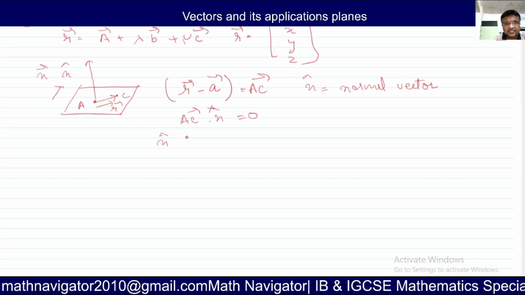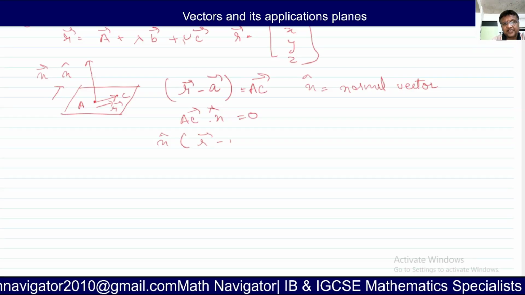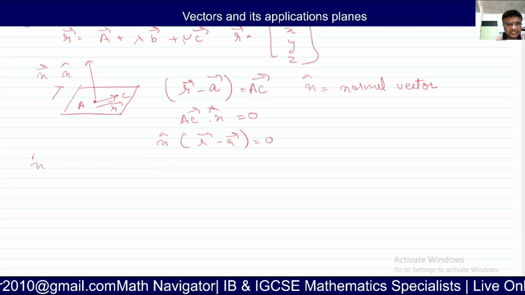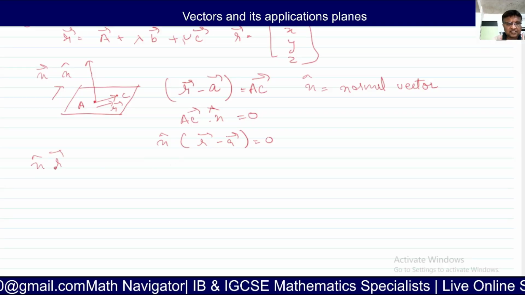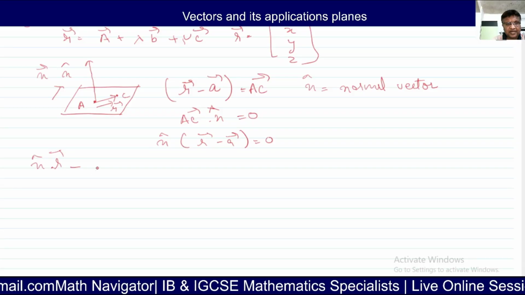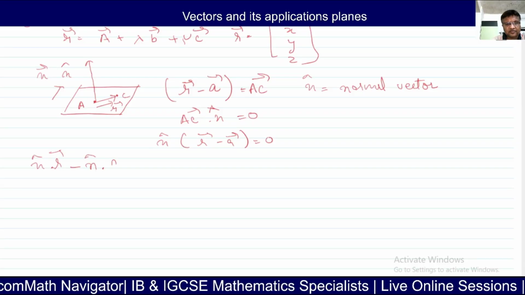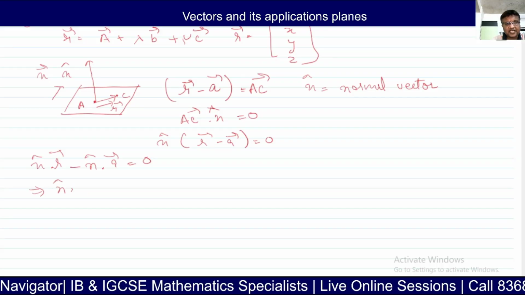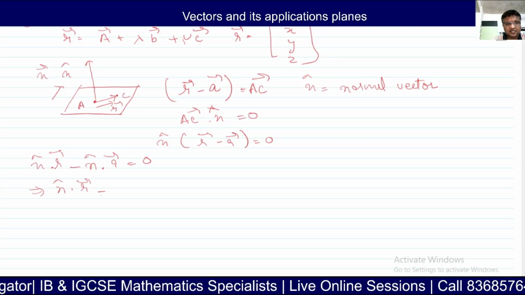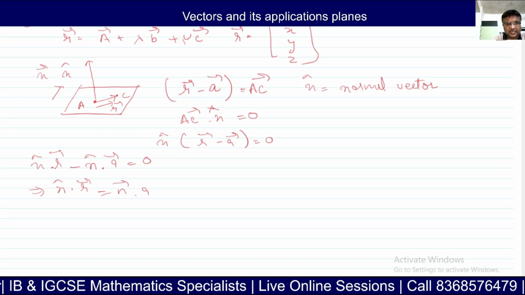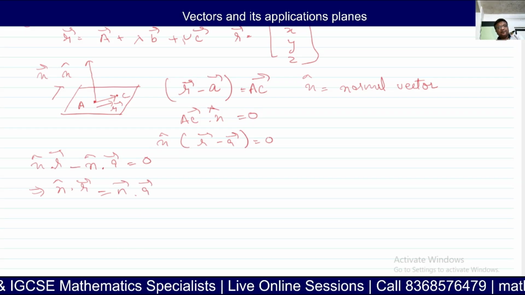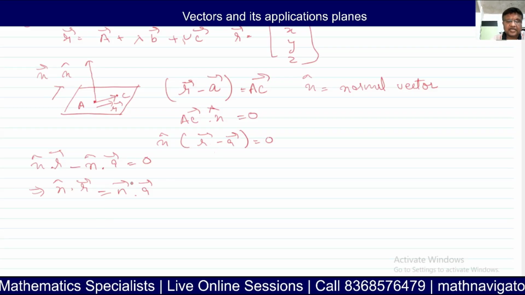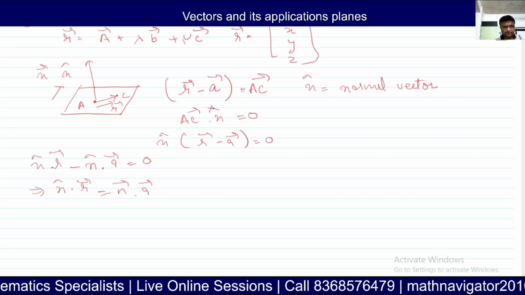So vector n dot (vector r minus vector a) is equal to 0. So vector n dot vector r minus vector n dot vector a is equal to 0. It implies vector n dot vector r is equal to vector n dot vector a. So vector a will have some dimensions, right? 2, 3, 4, 5, 6, 7, or whatever.